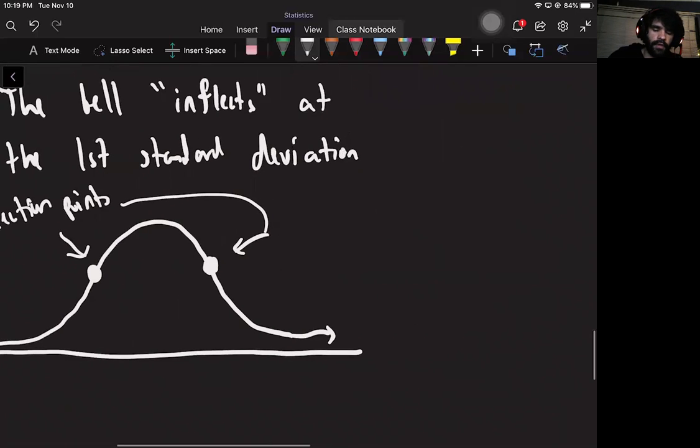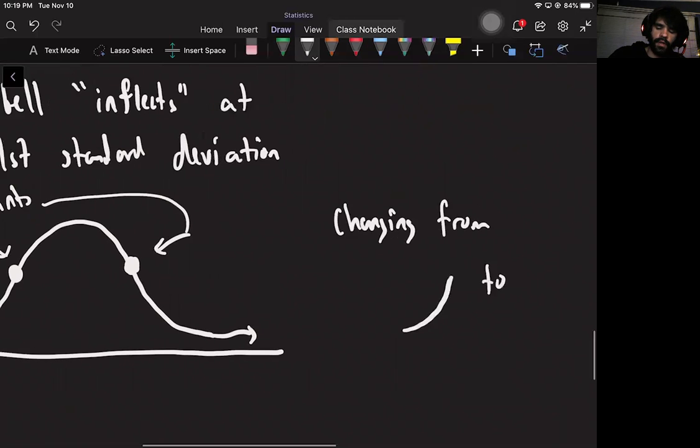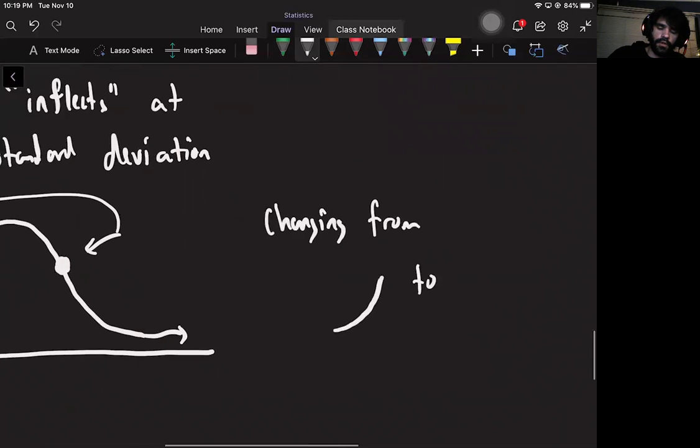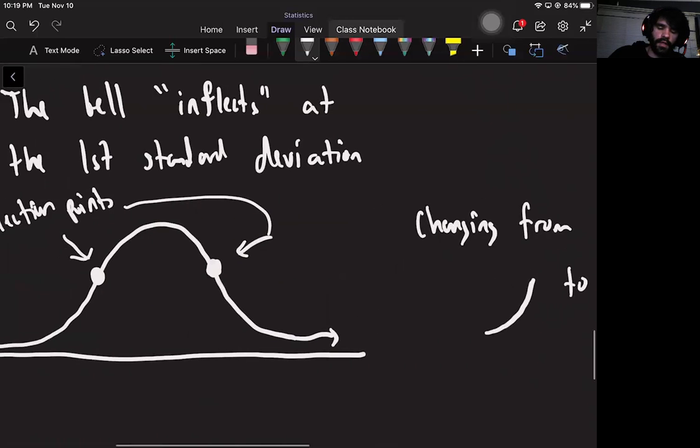And what does it mean to inflect? Well, it just means that the graph is changing from something like that, a shape like that, to a shape like this. And we can see that that's what's happening on the left side here.